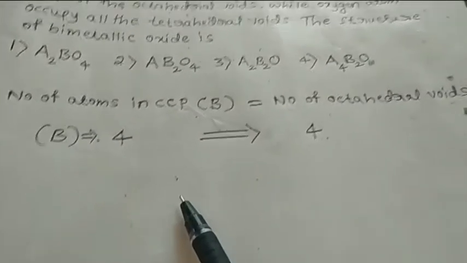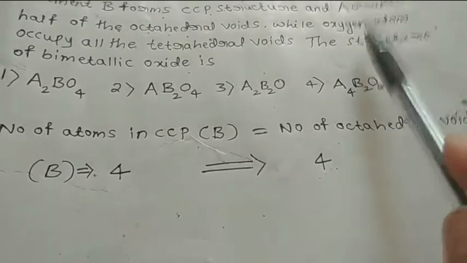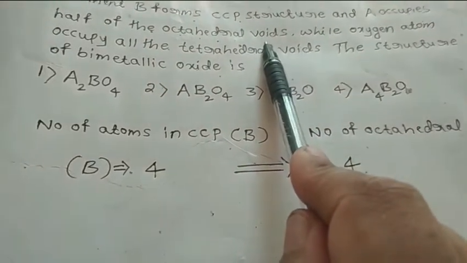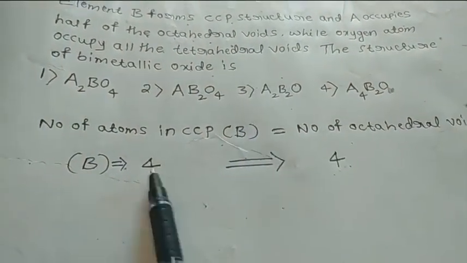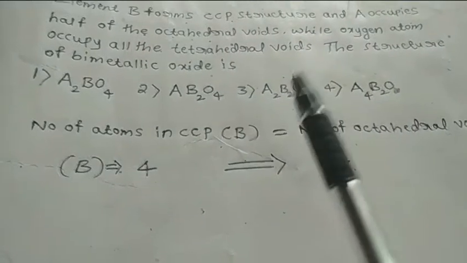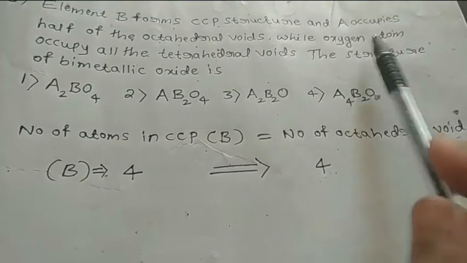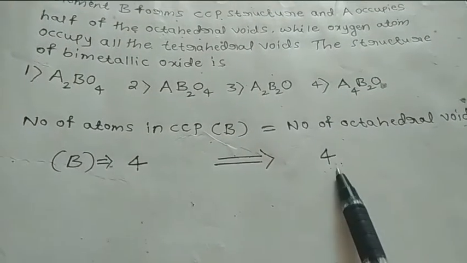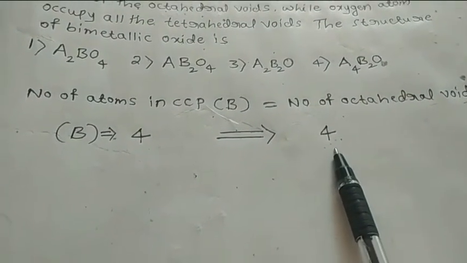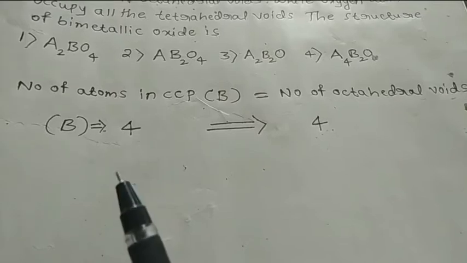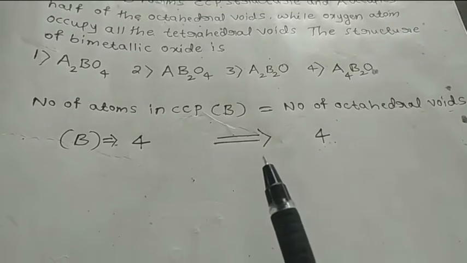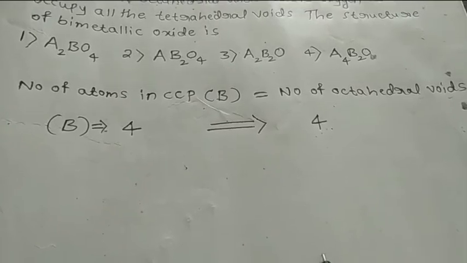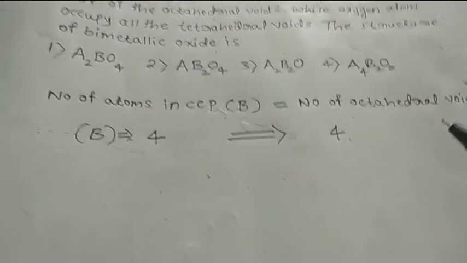In the question they say that A occupies half of the octahedral voids. B is 4. What is the value of A? A is half of the octahedral voids. The number of octahedral voids is 4, so A occupies 1 by 2 into the number of octahedral voids, which becomes 2.